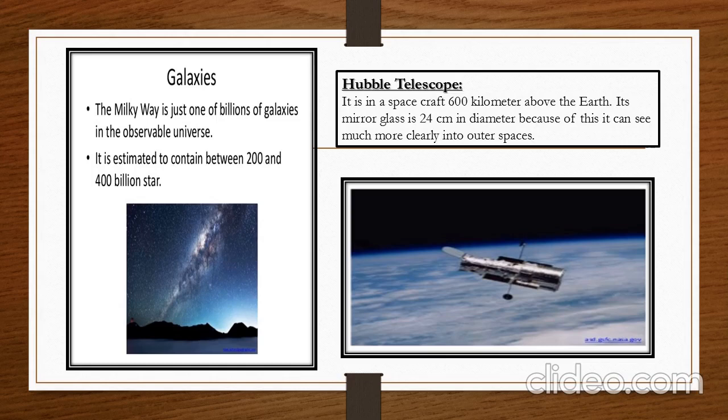Do you think you can see a galaxy with your naked eyes by standing on the balcony of your house? No. Obviously, we need something which assists us to see a galaxy, and it is the Hubble telescope. It is a spacecraft 600 kilometers above the Earth.